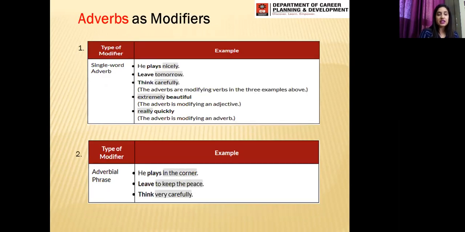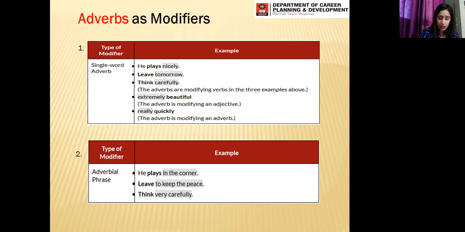Now coming to the adverbs part, as I've already told you, if the modifier is modifying a verb, an adjective or an adverb, it is regarded as an adverb modifier. Here again we have divided into two categories: the single word and the phrase.